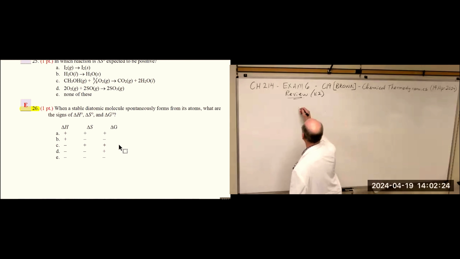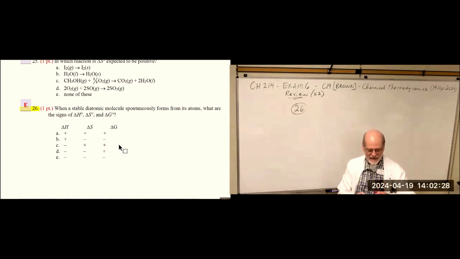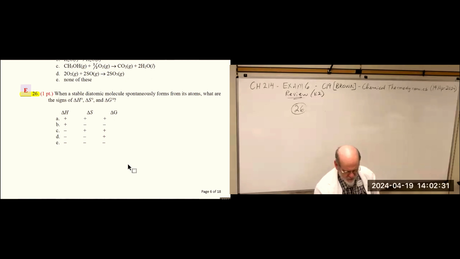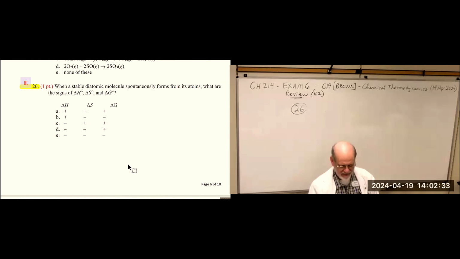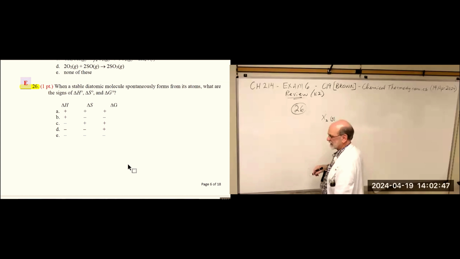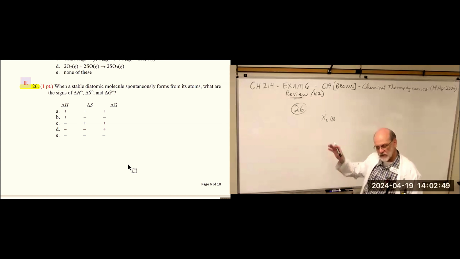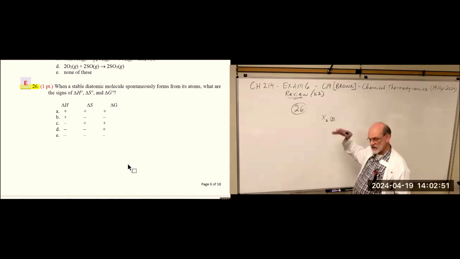26. When a stable diatomic molecule spontaneously forms from its atoms, what are the signs of delta H, delta S, and delta G? We have a diatomic molecule, and when we're talking in these terms, always make it a gas, because then you're not dealing with phase changes.